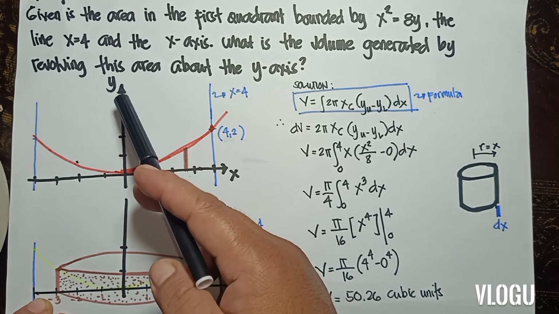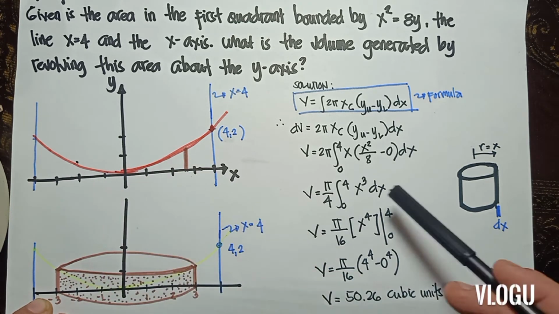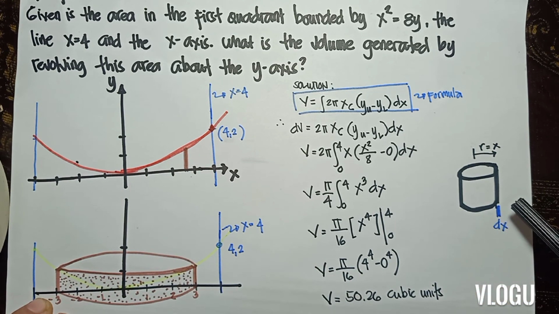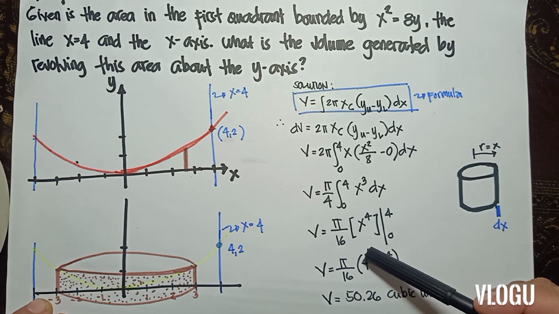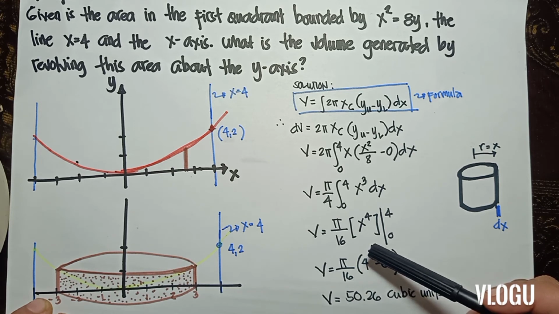So in our figure here, we have the y and x-axis. X squared equal to 8y is a parabola, because it is a parabola that is facing upward, y upward. Why do we know that?